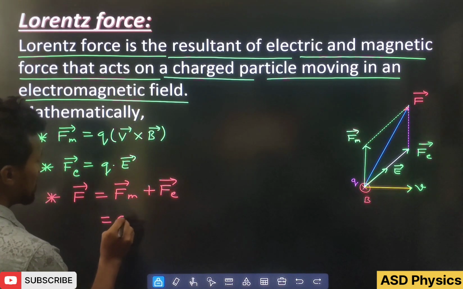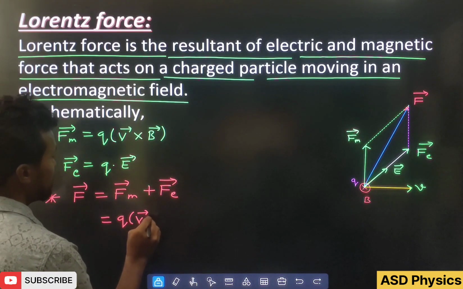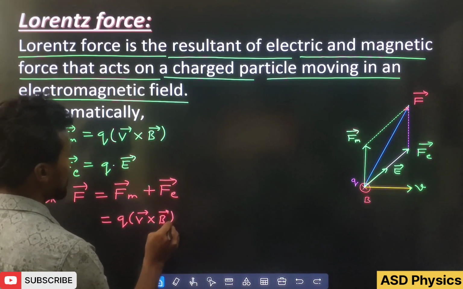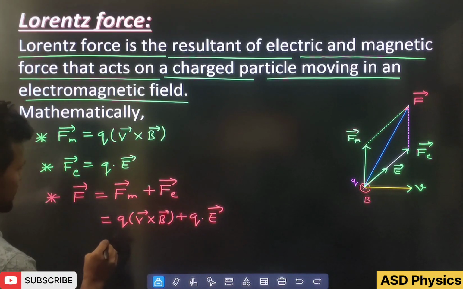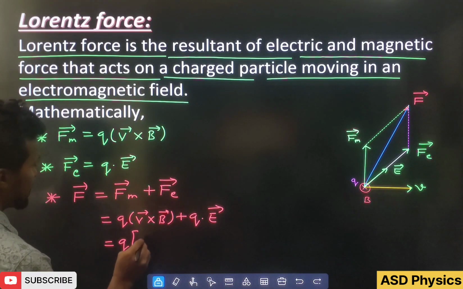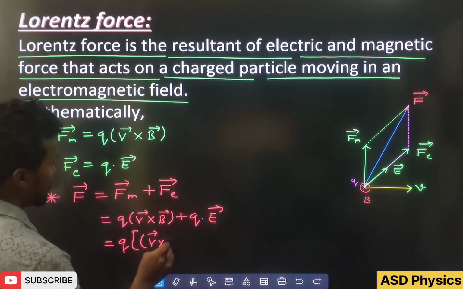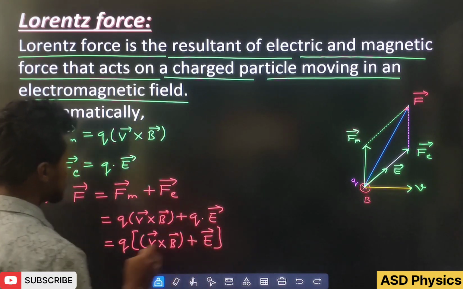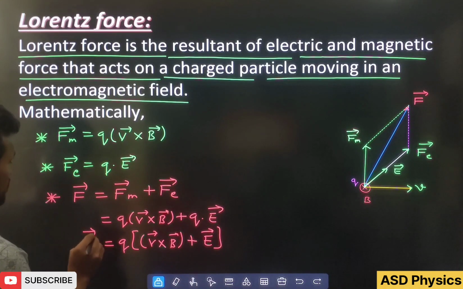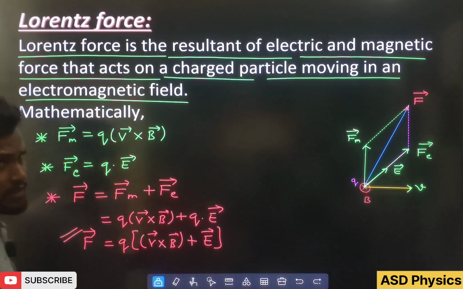If I put the value, it will become Q V cross B plus Q into E. Now you can even take Q common outside, and I have put a big bracket V cross B to keep the things separate, plus vector E. So this is called the Lorentz force.